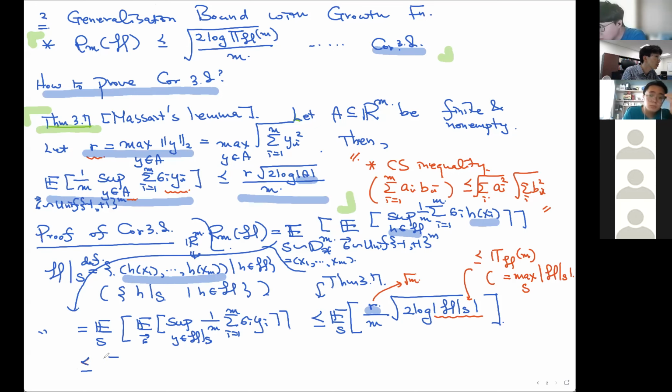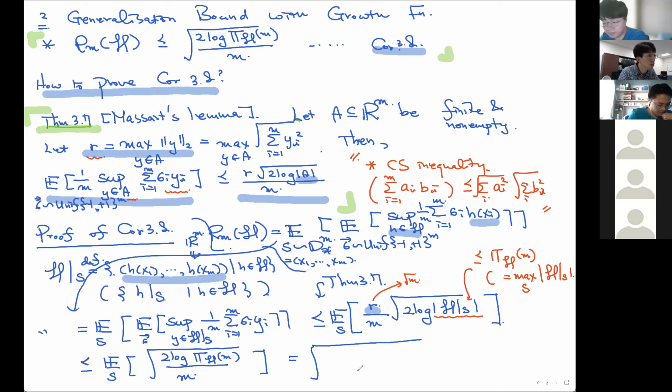Then we get expectation of square root of 2 times log of the growth function, divided by m. What's going inside the expectation doesn't depend on the sample, so it can be taken out. Expectation of a constant is the constant.